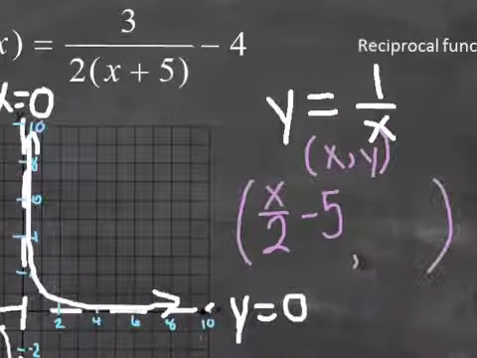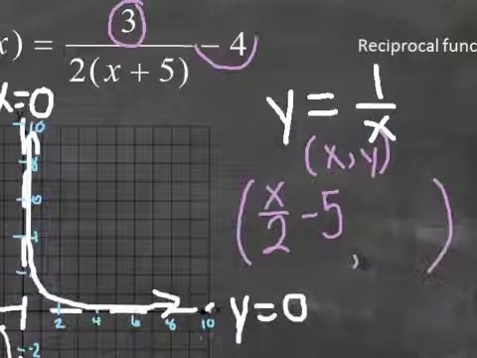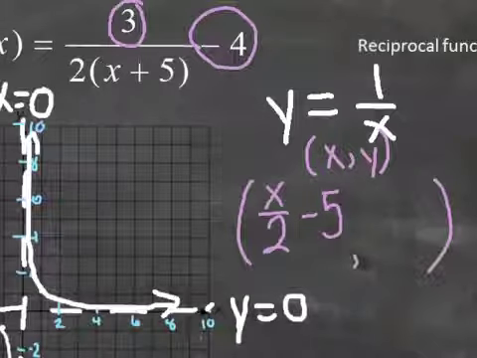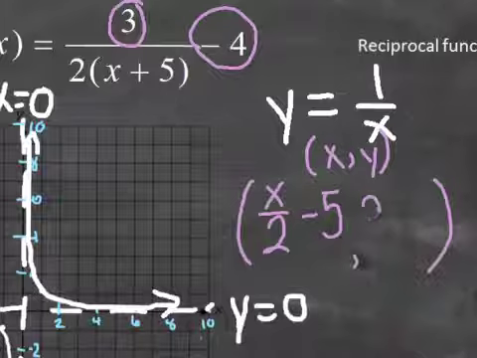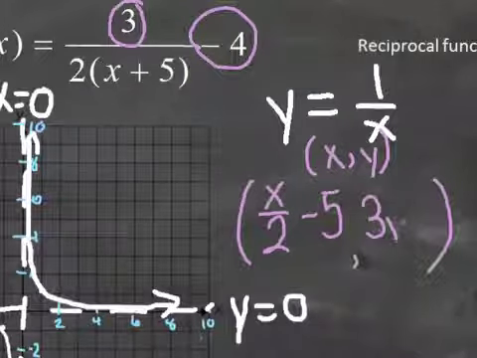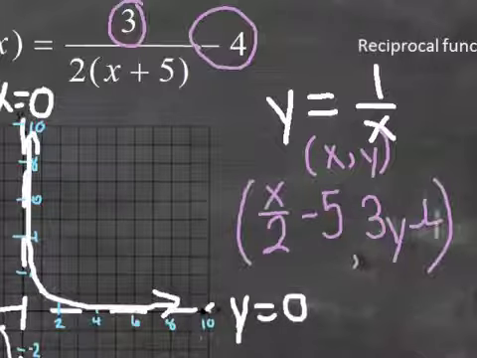I'm going to do the same to the y. This is a change in y, and this is a change in y. So this is the a value here, that'll be 3 times whatever my parent function y value was, and then I subtract 4.